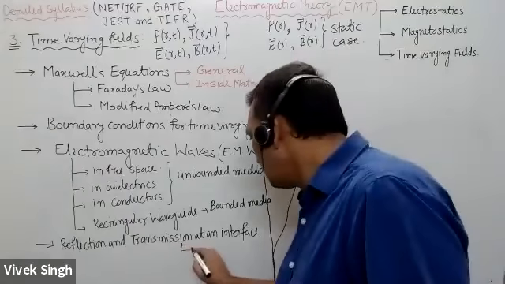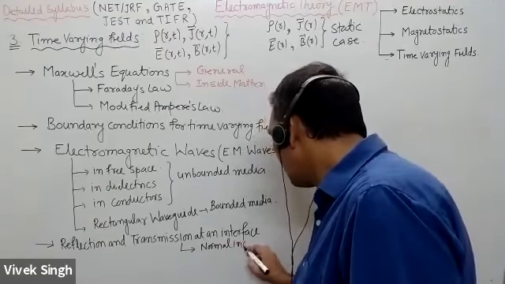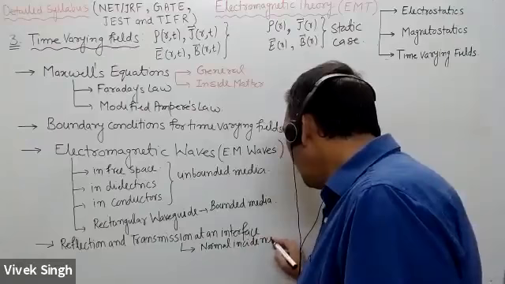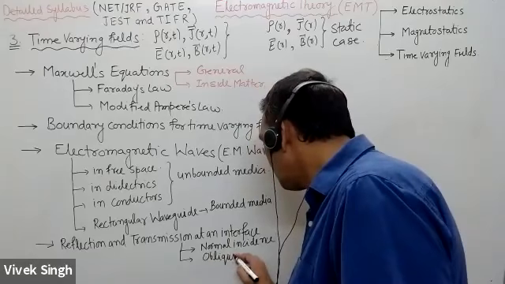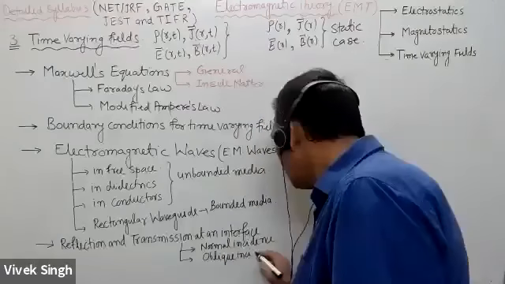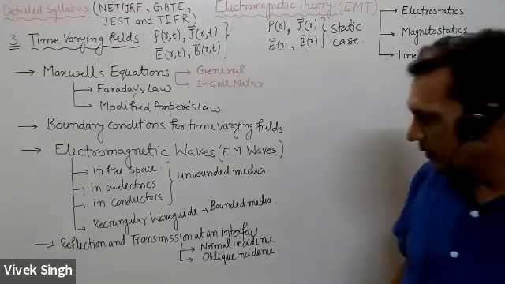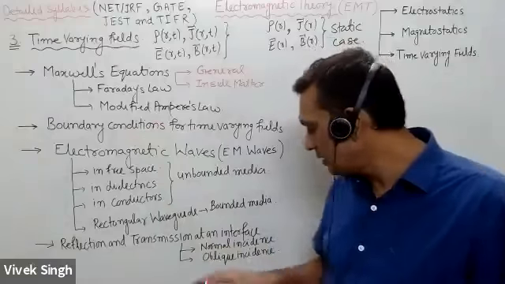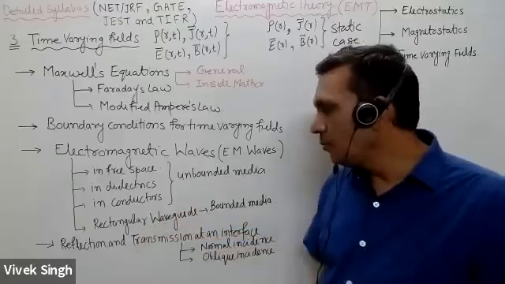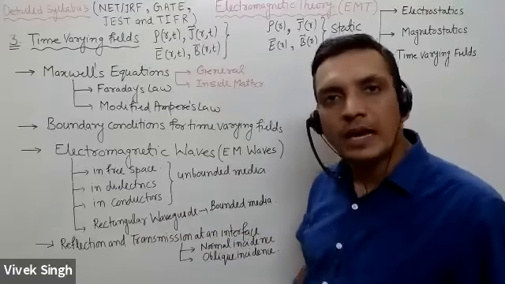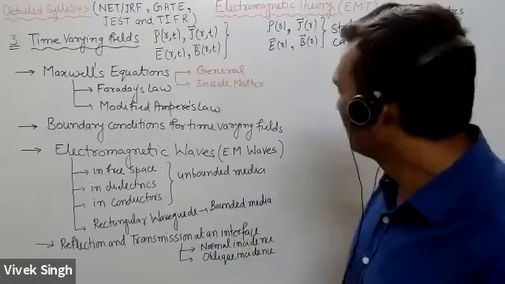So we will talk about normal incidence and oblique incidence. When it strikes normal to the interface and when it strikes at an angle. So we will see behavior of EM wave after reflection and transmission. We will calculate reflection and transmission coefficient also.